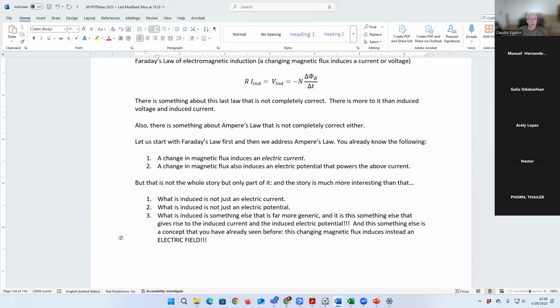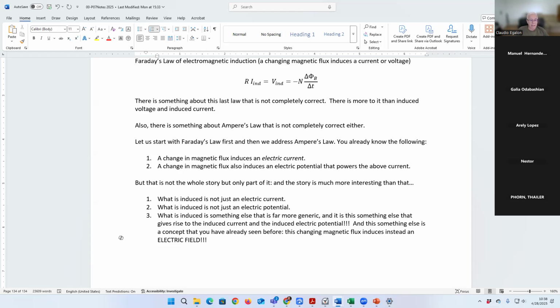It's an induced electric field. That's how you are supposed to interpret this law. And it is this induced electric field that gives rise to this induced electric potential. And it is this induced electric potential that gives rise to an induced electric current.